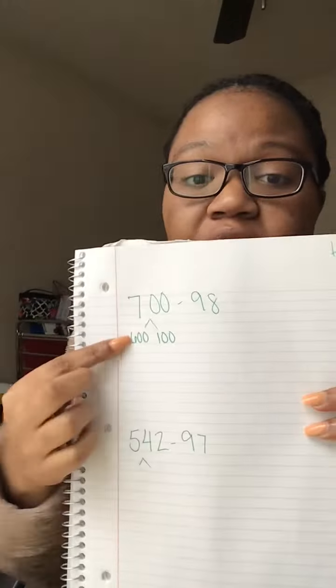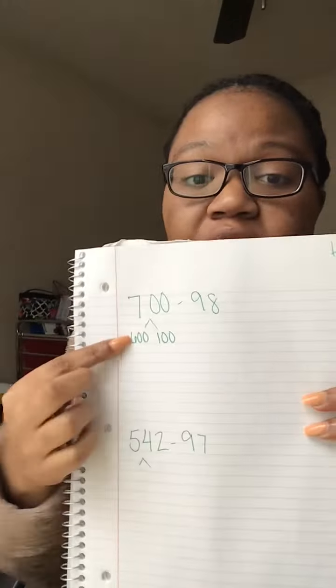602. So I'm going to break it down one more time. We're just going to break down that 700 because we want a 100 by itself because it's easier to subtract 98 from 100. So we take apart the 700. It'll be 600 and 100 because 600 plus 100 equals 700. Now it's time to subtract.